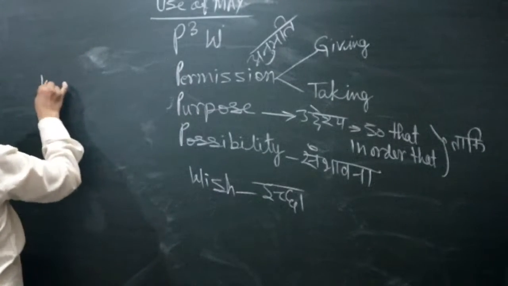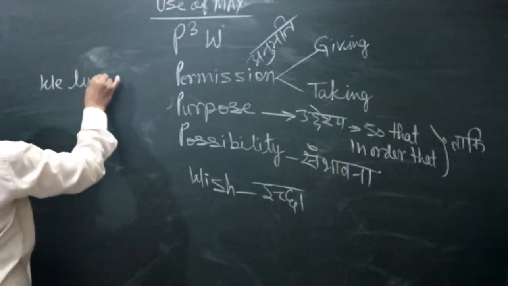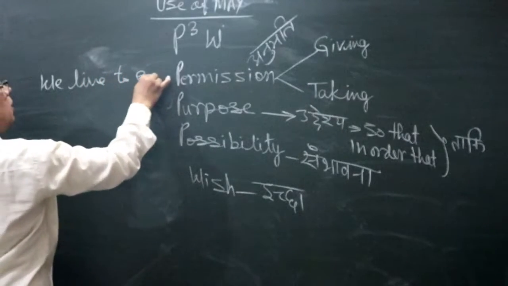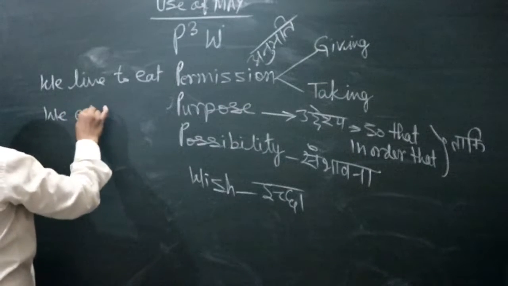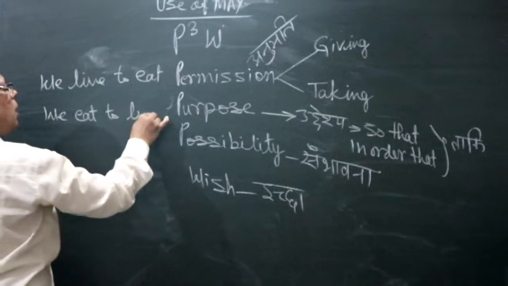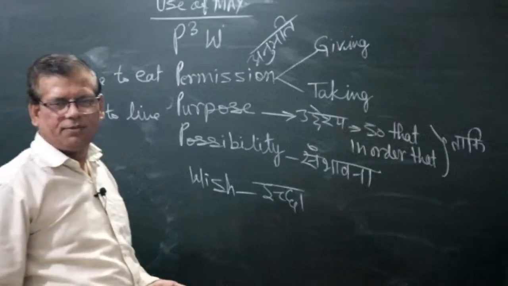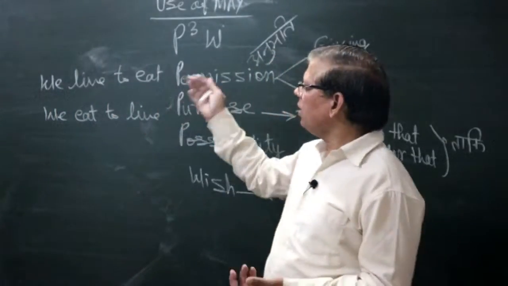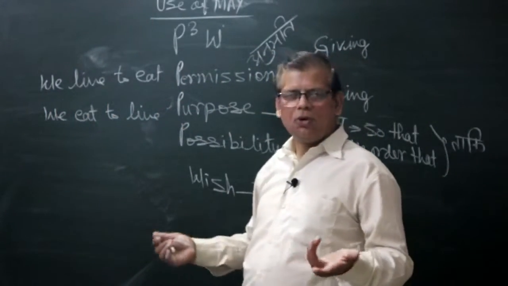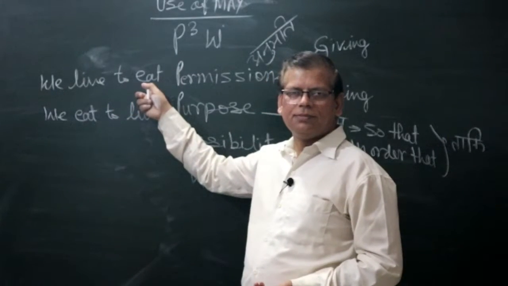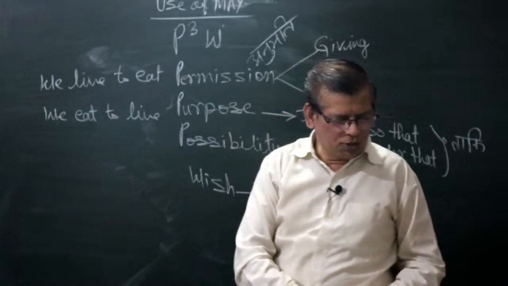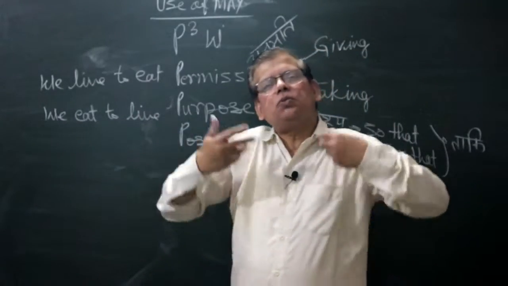We live to eat, or we eat to live. What is right? Grammatically both are right. But morally, we live to eat. You are a pig. You live to eat. Your only purpose is to eat.